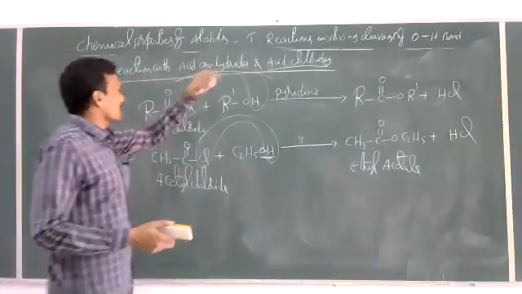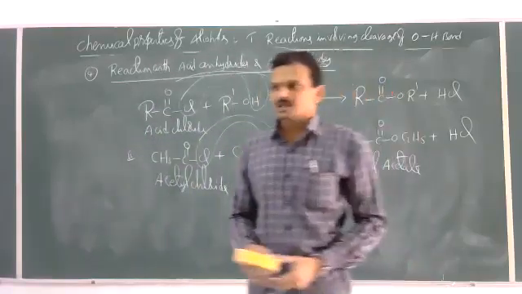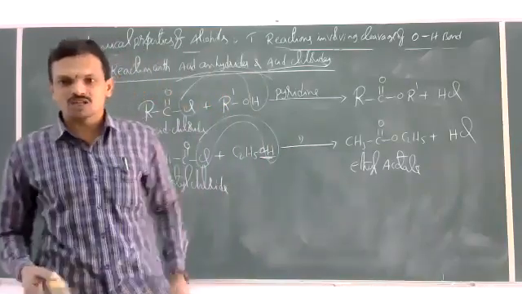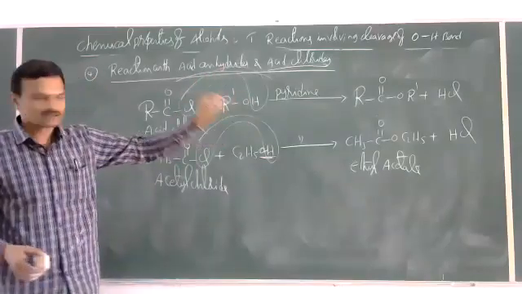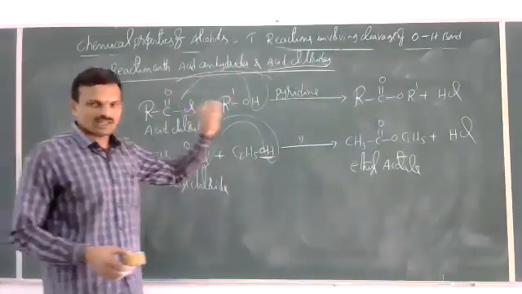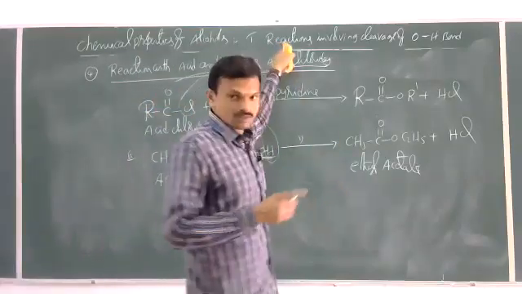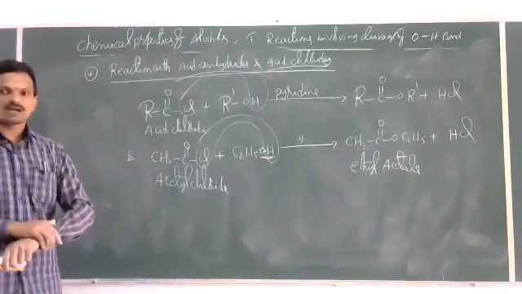And the fourth one is reaction with acid anhydrides and acid chlorides. Acid chlorides as well as acid anhydrides both react with alcohols and form the corresponding esters. So this is regarding the reactions involving cleavage of the OH bond, the first type of chemical properties. Still two more types of properties are there. So in tomorrow's class we will continue that. Okay.